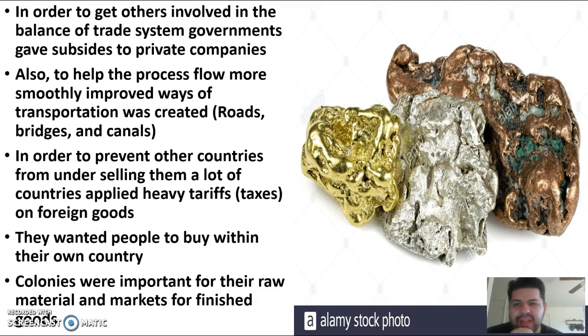Because they wanted that flow of the system to go through a lot more easily than if there were bad roads, where a carriage might break down, things like that. You will learn that the United States actually did something like this in the 1950s, if I remember right. It's really interesting.